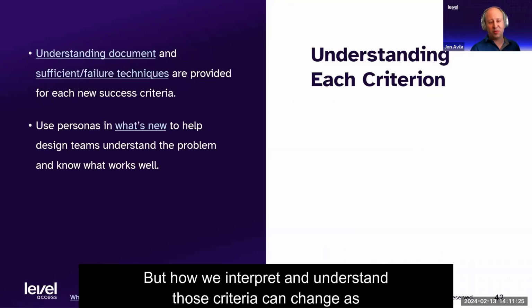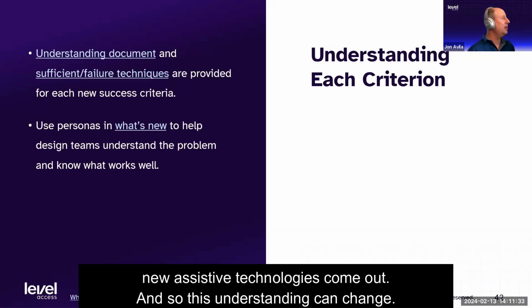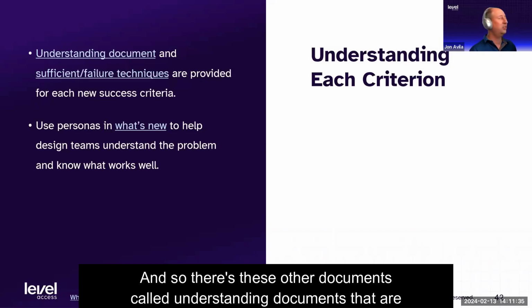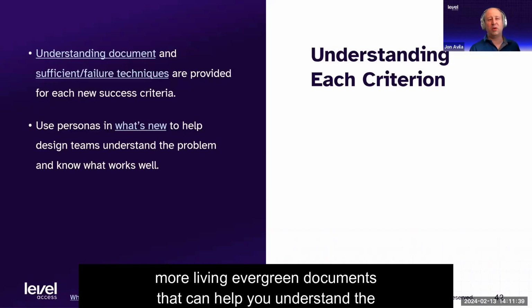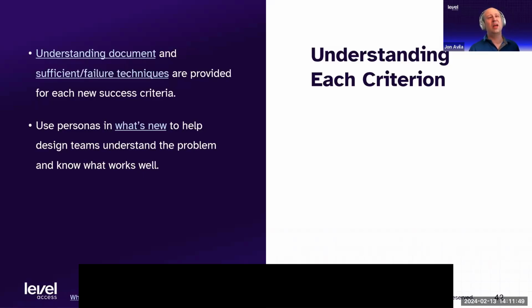But how we interpret and understand those criteria can change as technology changes. New versions of browsers come out, new assistive technologies come out, and so this understanding can change. And so there are these other documents called understanding documents that are more living, evergreen documents that can help you understand the criteria. I highly recommend those because they provide a lot of great information on how to interpret it.